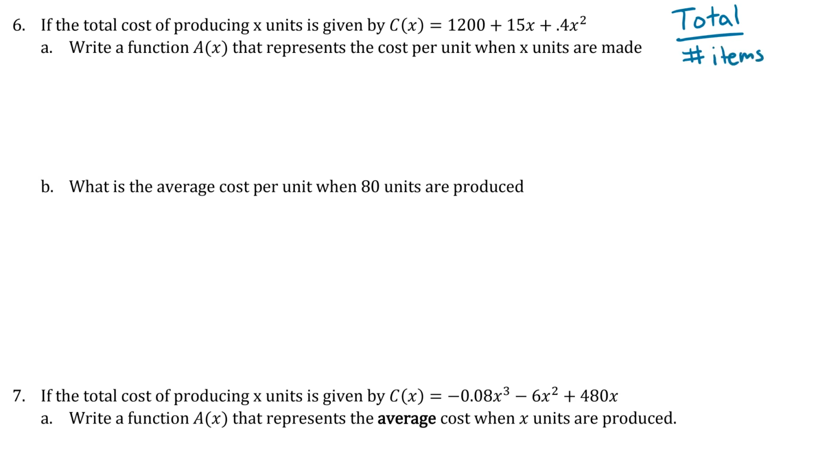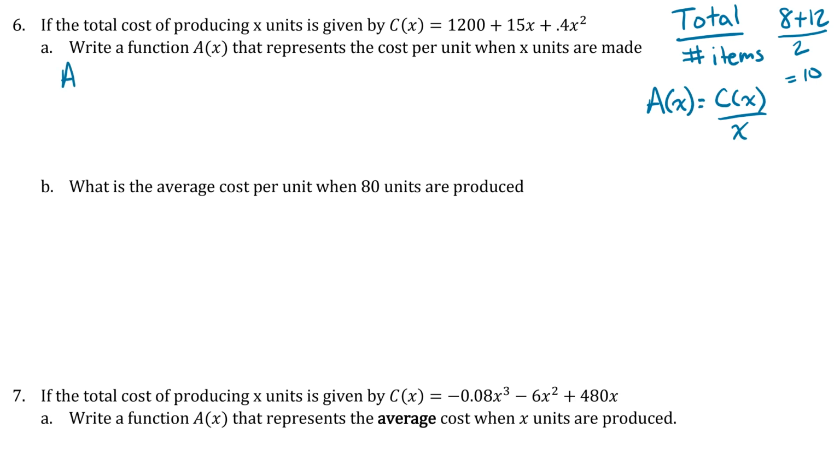For example, if we were to take the numbers 8 and 12, to get an average, we divide them by the number of things that we added up, so in this case 2, and we would get 10. So same thing here. To find an average, it's going to be the total cost, which is given by the function c of x, and we divide by the number of units, which is the x.